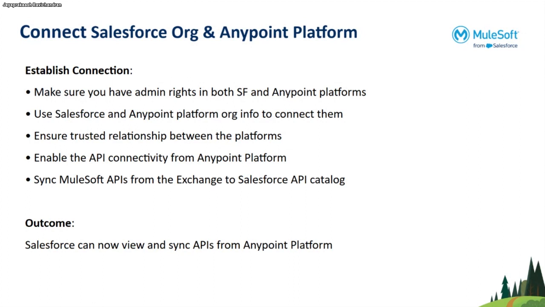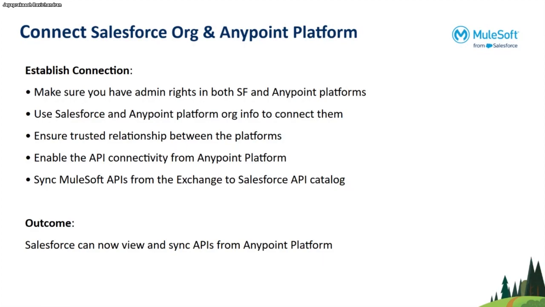Once the connection is established with the proper tenant key and everything is synced up, the MuleSoft APIs from Exchange will be automatically synced to the API Catalog, provided not all APIs, only the APIs you have tagged as sf-api-catalog.